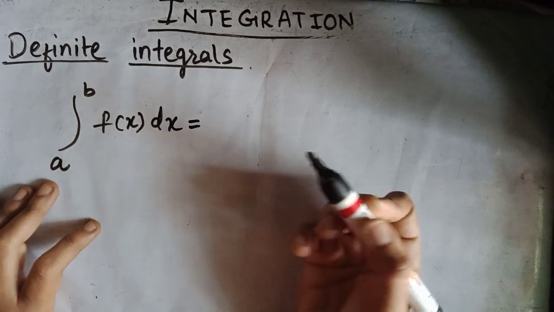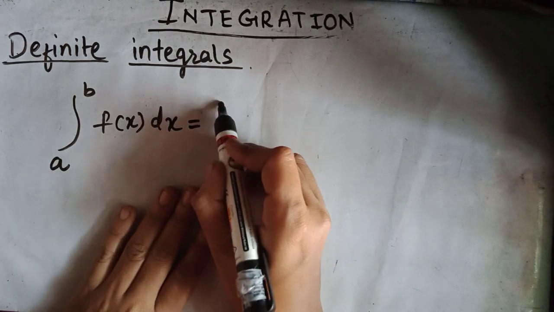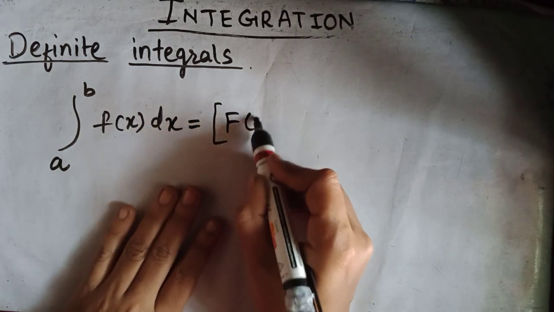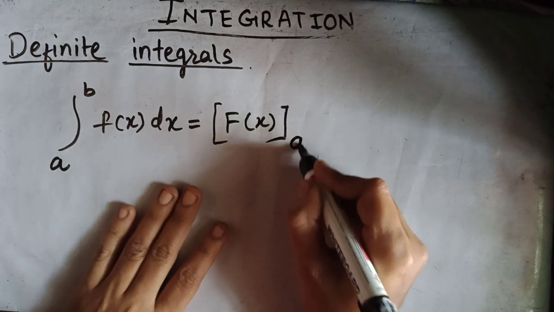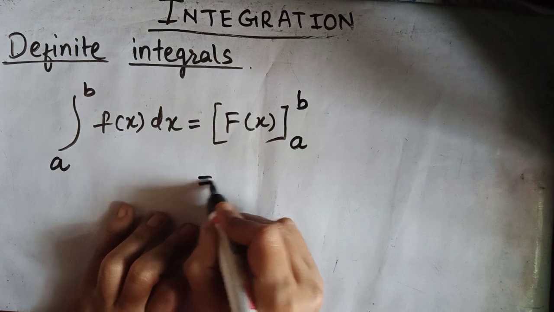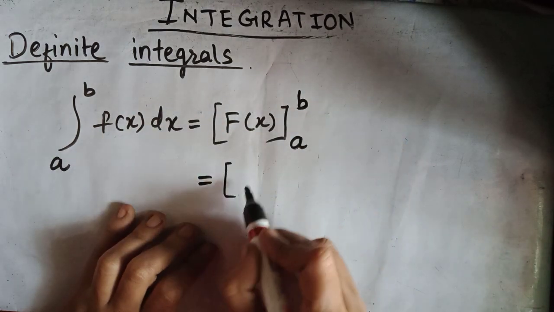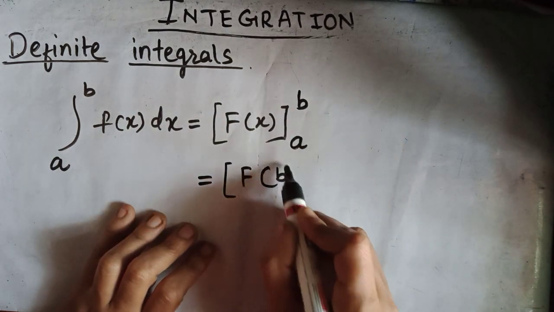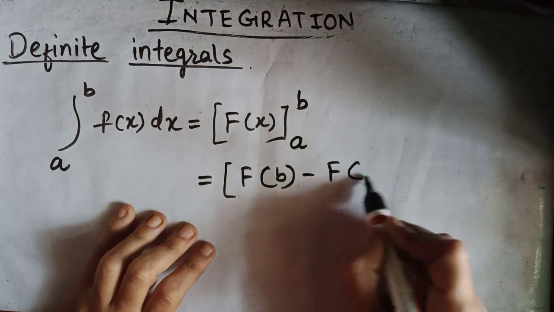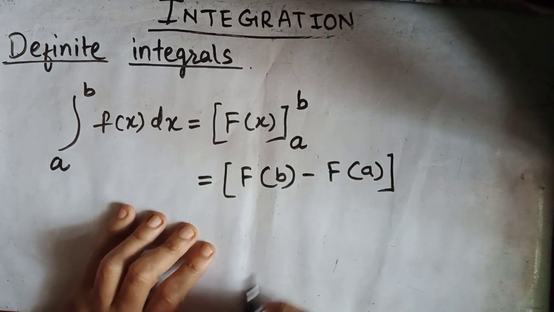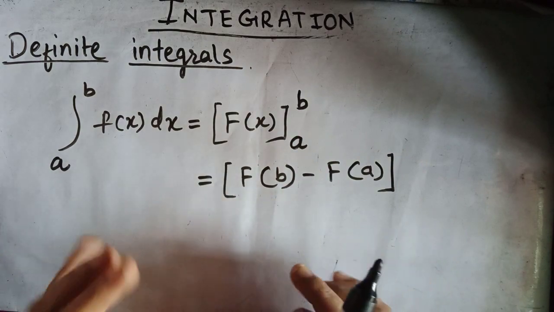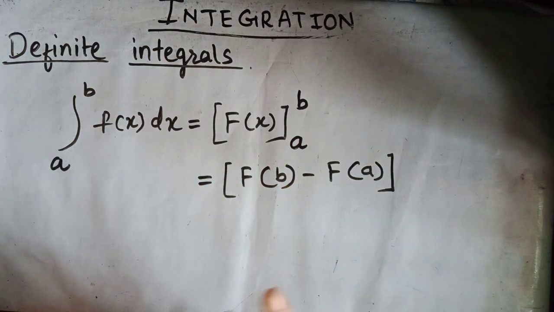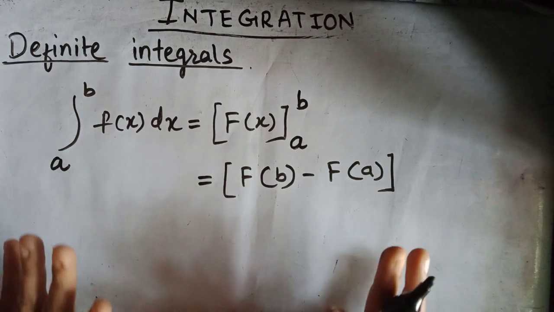After finding the integral, you have to find the value by using limits. That is, this becomes F(b) minus F(a). This is our desired area. So let's use this formula to find definite integrals. We'll solve some problems.